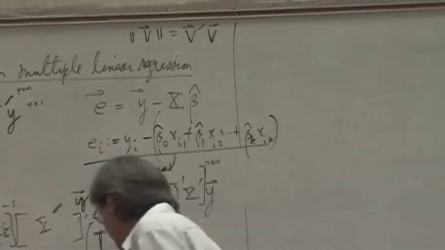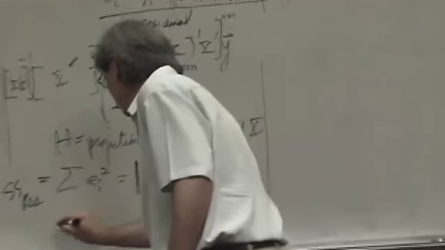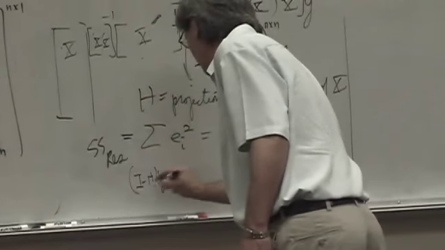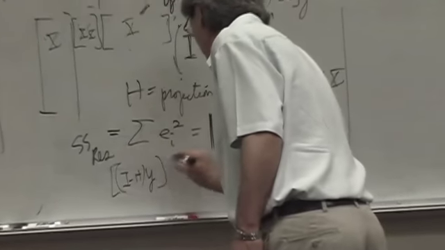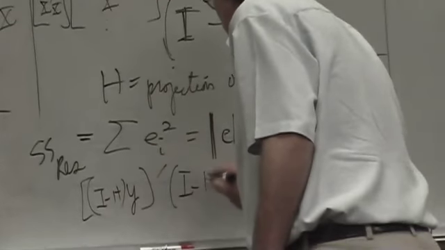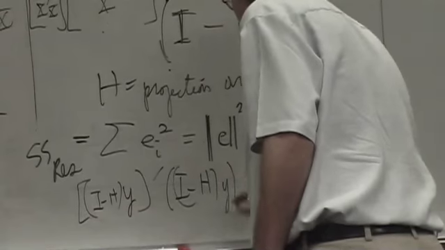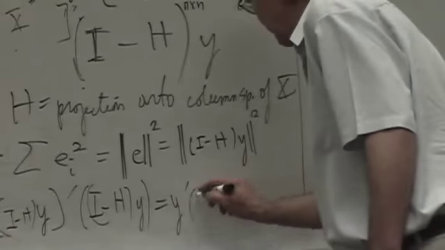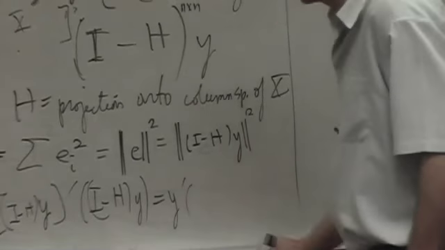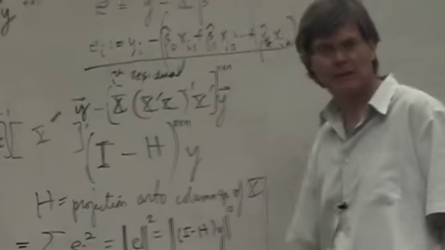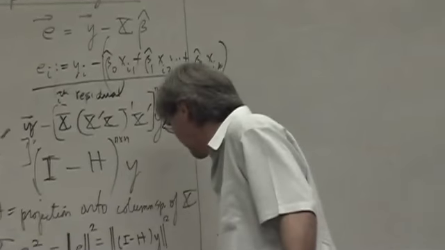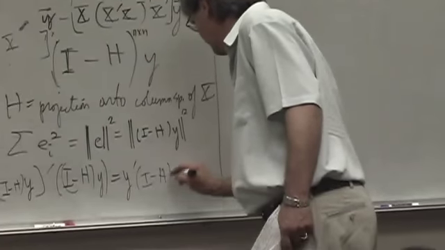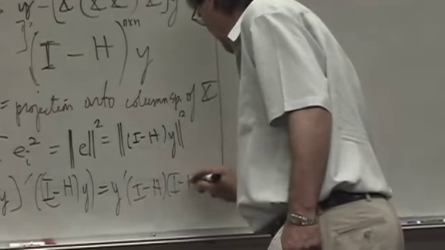So this comes out to be I minus H times Y, prime, times I minus H times Y, which is then the transpose of the product in reverse order. You got to get fast to this. Now, what is the prime of I minus H? Well, I is symmetric, H is symmetric, so you get I minus H back again. I minus H, and then Y.